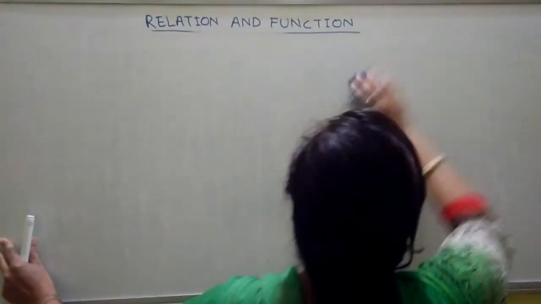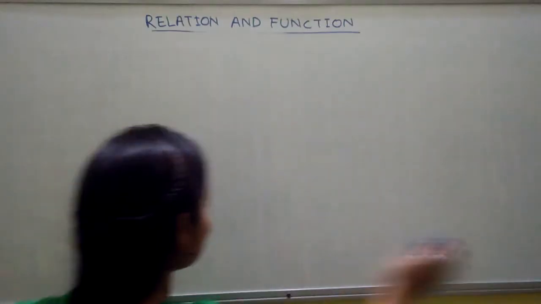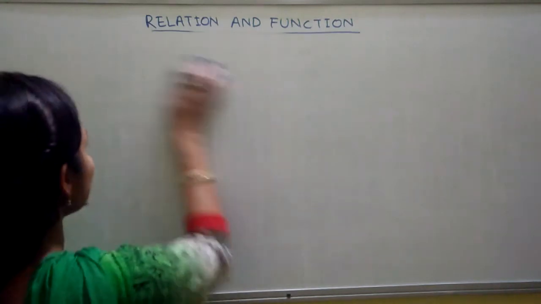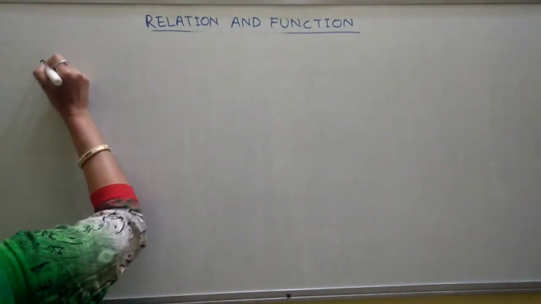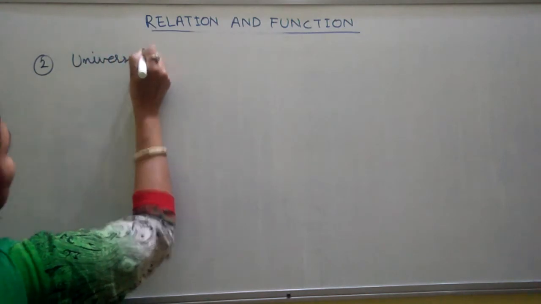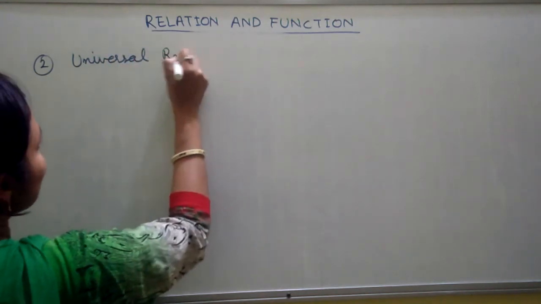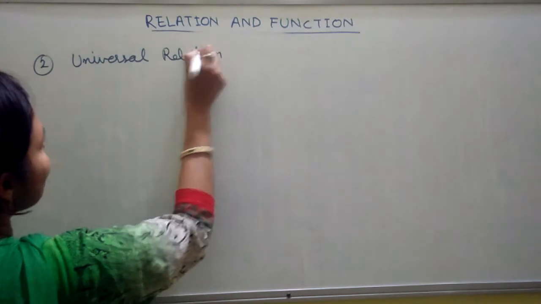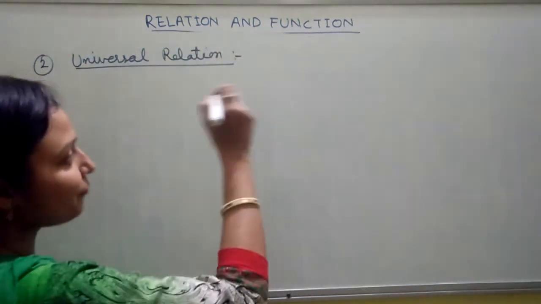So today we have another definition, that is universal relation. A very easy definition. Second, universal relation, again the same kind of definition, a little bit different.